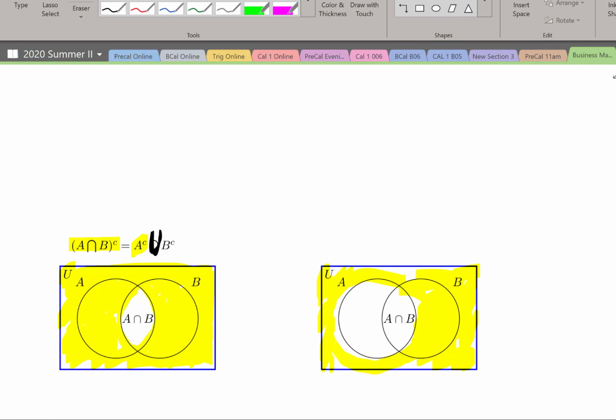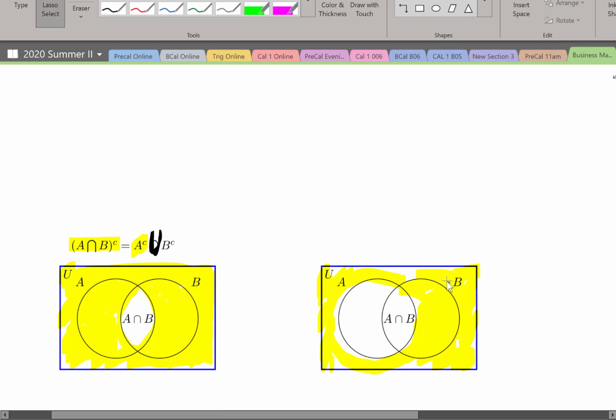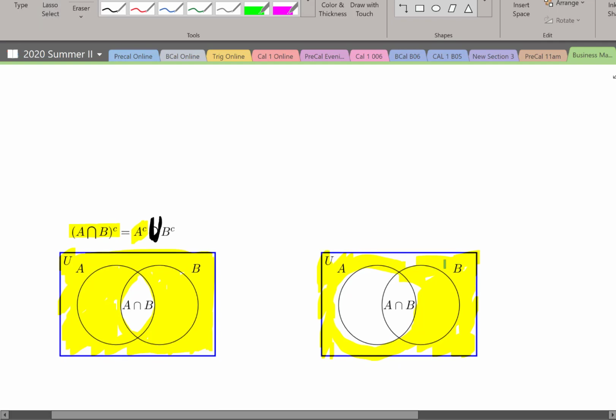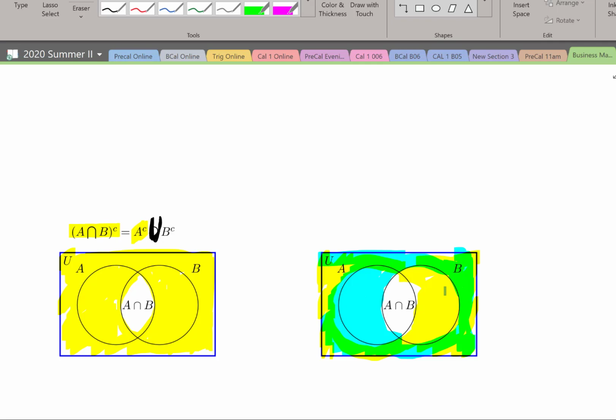And then B complement. And when you take the union of this, right, which is everything, basically you see that they are equal to each other.